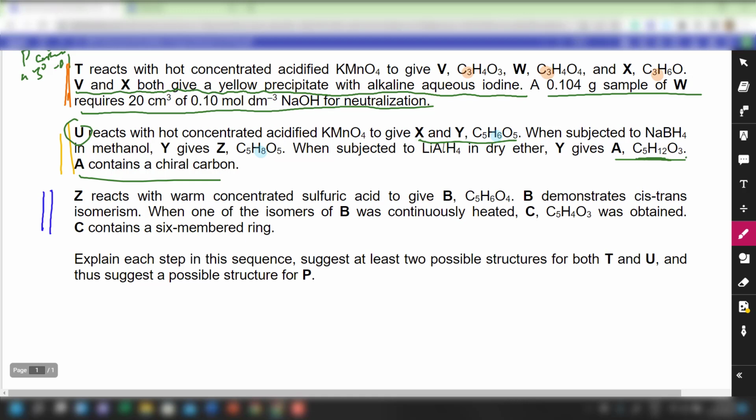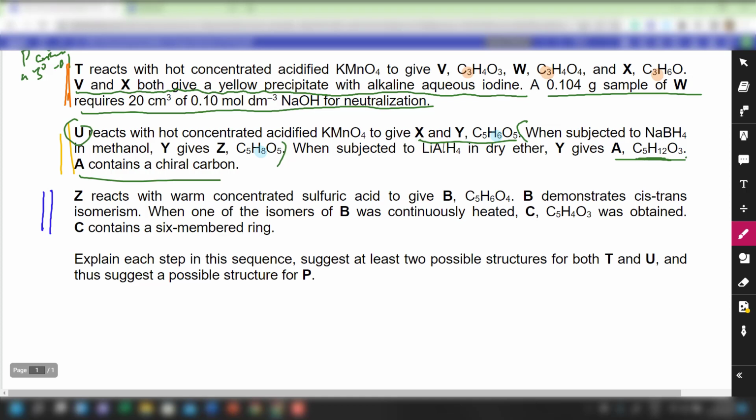Then for the fifth paragraph: Z reacts with warm concentrated sulfuric acid to give B with the molecular formula C5H6O4. First of all, paragraph 5 starts with Z, so we need to ask ourselves, where is Z? Z comes from the reduction of Y using sodium borohydride over here, which means only the ketone is being reduced.